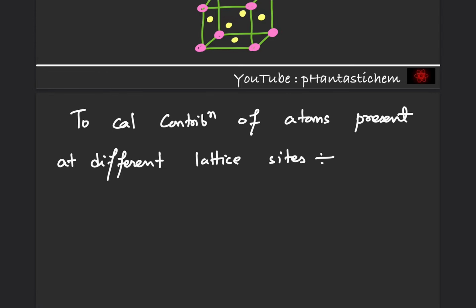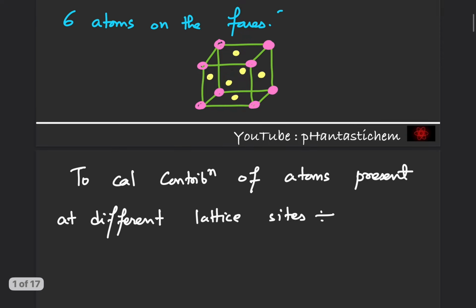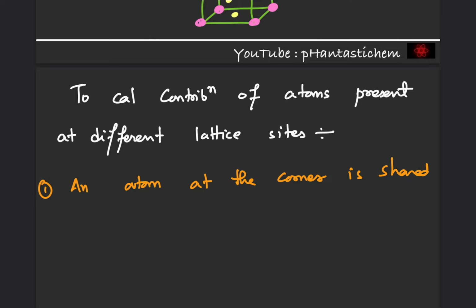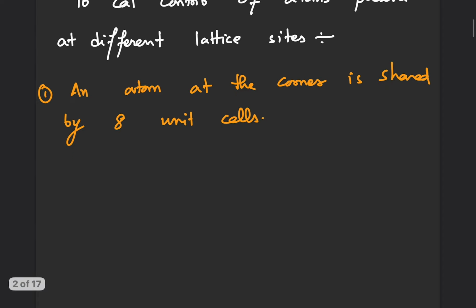An atom which is present at the corner, for example these guys, they are shared by 8 unit cells, very important. An atom at the corner is shared by 8 unit cells. Okay, so representing that by a diagram, I will draw the diagram of cubes.